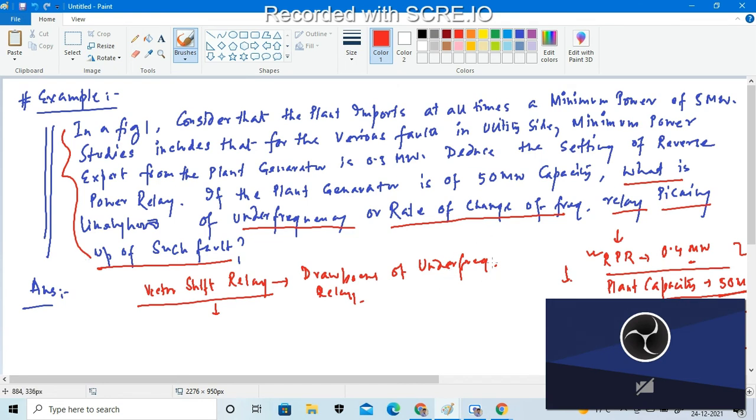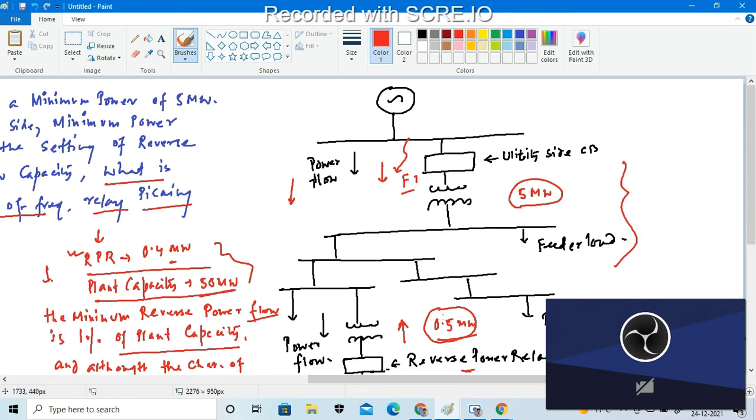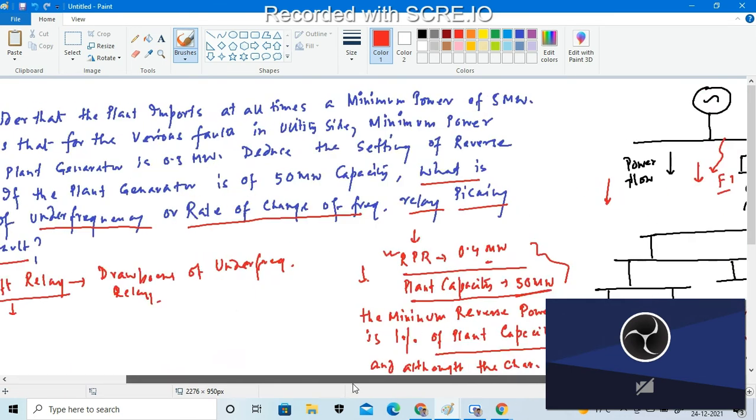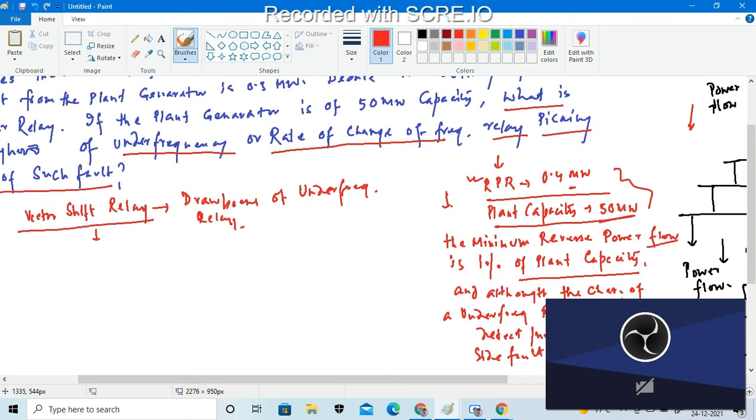If we have a plant generating capacity of 50 megawatt, and the setting of this reverse power relay is 0.4 megawatt, but our power flow from this side to this side is 0.5 megawatt, that means the minimum reverse power flow is 1% of the plant generating capacity. And although this is the characteristic of the under frequency relay, it will not notice the utility side's faults.